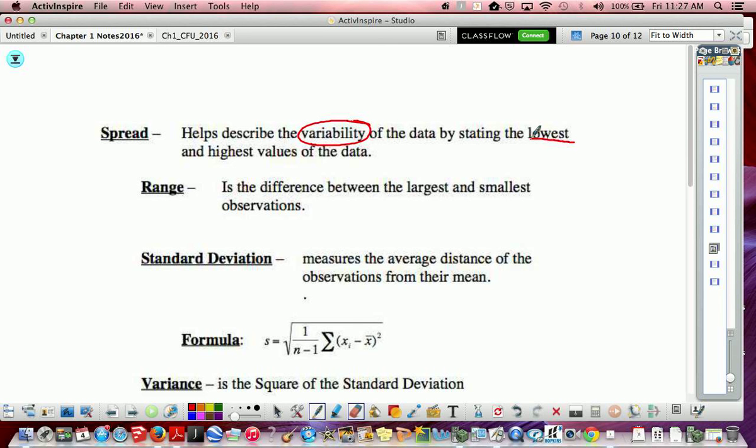We've been doing spread by stating the lowest and highest values. That's okay, but there's more than one way to describe the spread. One way we can do it is by talking about the range. The range is simply taking the max score or max value and subtracting the minimum value or score. So we might say the range of the data is 30 points.